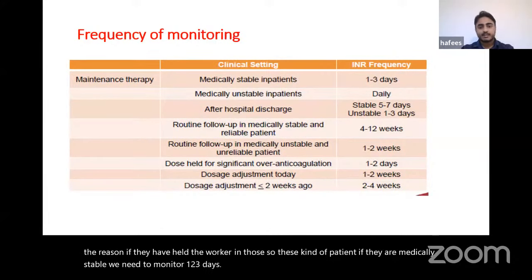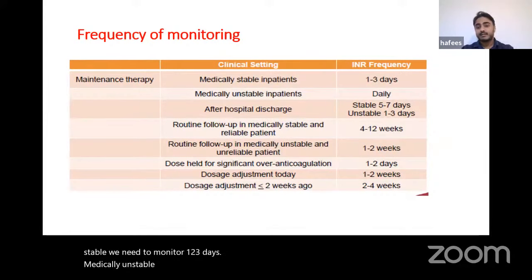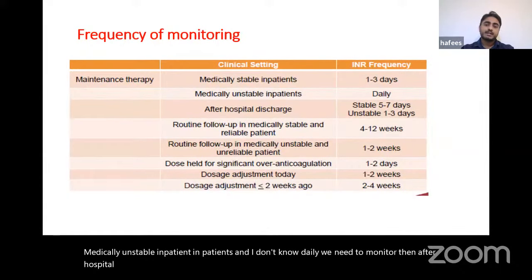For medically unstable inpatients, we need to monitor daily. Then after hospital discharge, stable patients every 5 to 7 days, and unstable patients every 1 to 3 days.